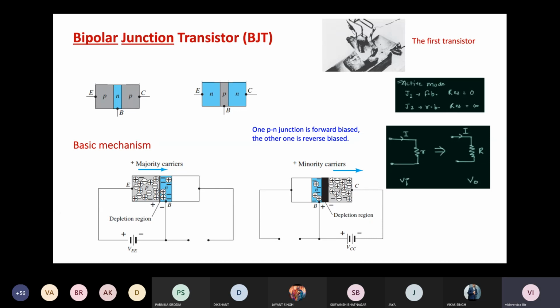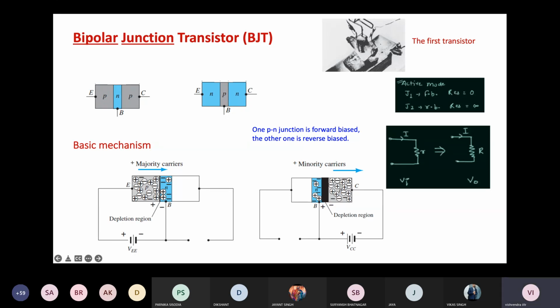So here we have looked at only one component of the current. And what is that component? We have only looked at the current due to the holes coming from the emitter side. But on the junctions, as all of us know, things can be quite complicated, and that's what happens here as well.